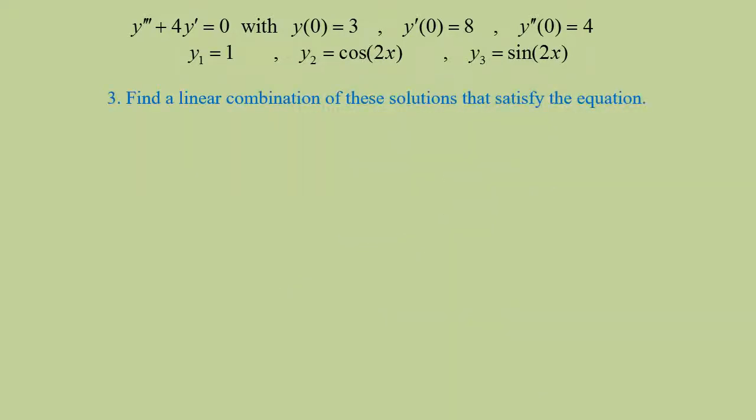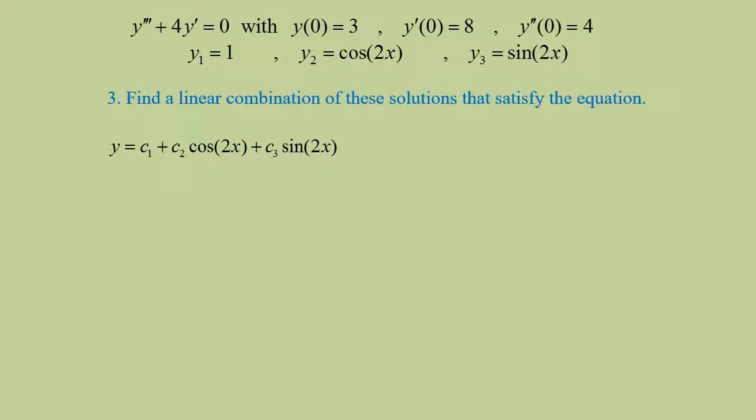So now we want to write a function that contains all three of these along with the associated constants. So this would be 1 times c1 plus cosine 2x times c2 plus sine 2x times c3. We have to have the three constants since we have a third order differential equation.